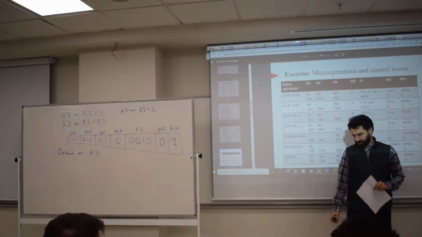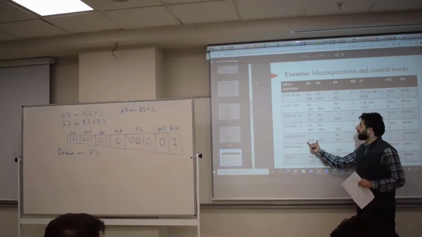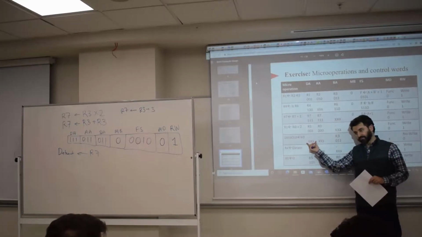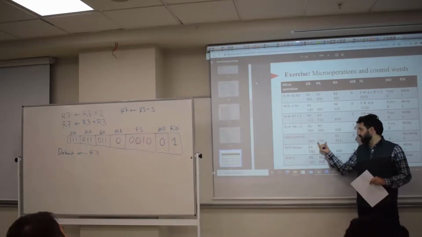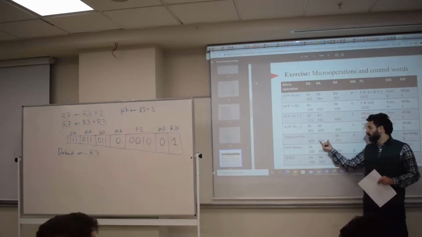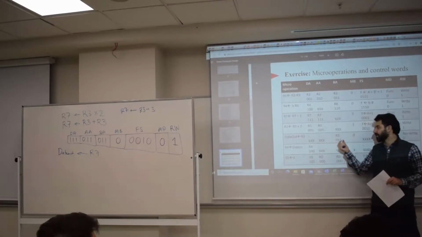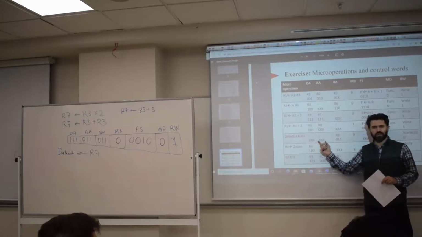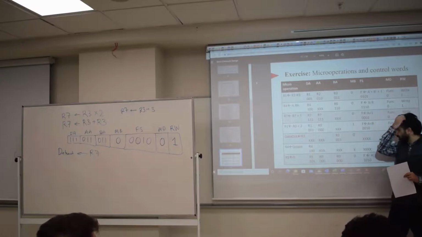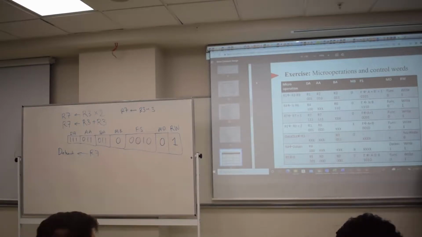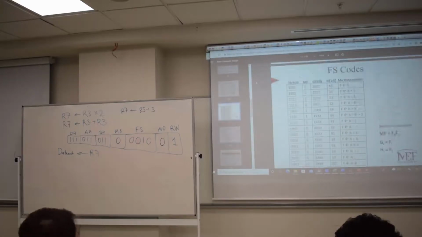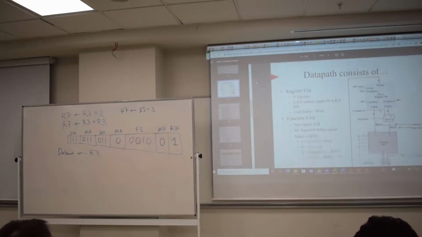Okay? So therefore, the destination address is not applicable. So that's why we have those don't cares. The source A is not applicable because we're dealing with source B. So that is also don't cares. You could have just put zeros and ones here, but it wouldn't matter. Okay? The result wouldn't change. And R3 matters because if you look at the data path carefully, let's just look at the data path again. You see the data path?